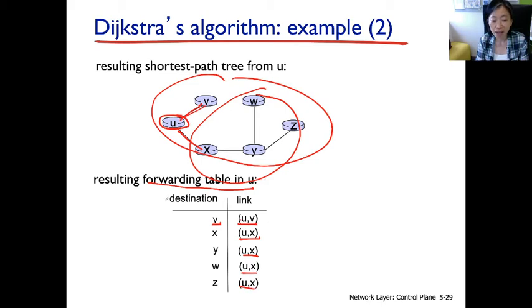And this is how we come up with the forwarding table after running the routing algorithm. So using Dijkstra, let's build the shortest path tree, and it's clear that for the destination over this branch of the tree, take uv. For all the destinations over this branch of the tree, take link ux.